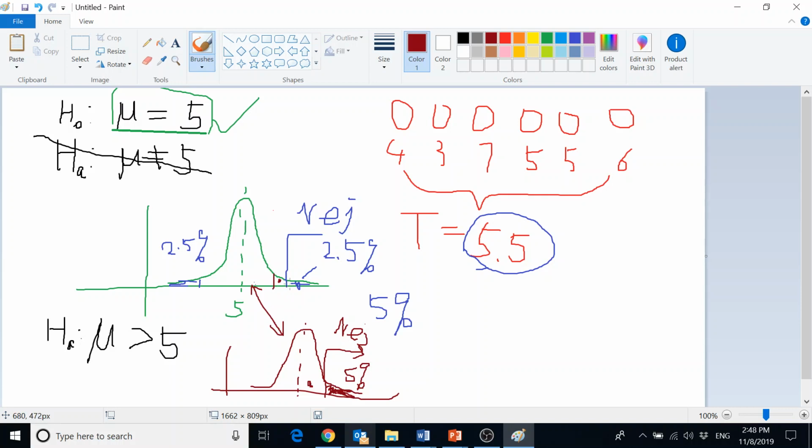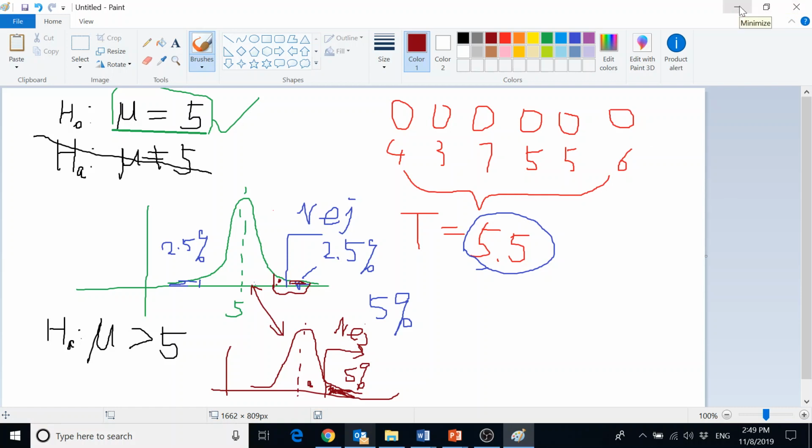Because remember, this is just 2.5, and this entire thing is 5, so you got a little bit of leverage here. It can happen, and then it is up to your engineering judgment if you want to believe that or not. But whatever decision you make, you have the statistics backing your judgment.